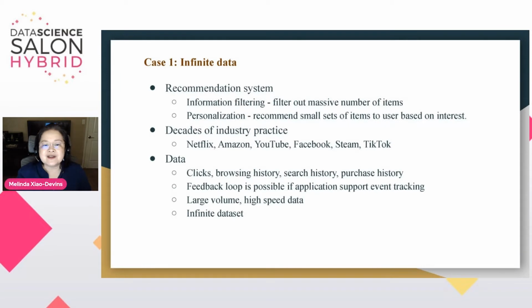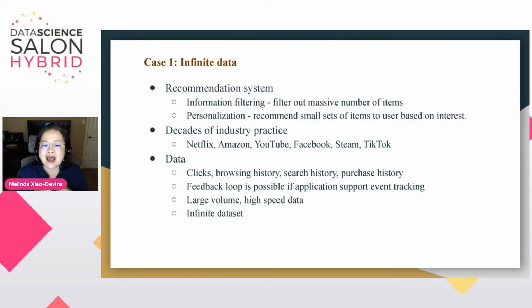And the first use case is the case where you have infinite data. For example, take a recommendation system as an example. It's essentially a problem of information filtering. You filter out a massive number of items and recommend small sets of items to the user based on the user's interest. And it's a personalization problem here.